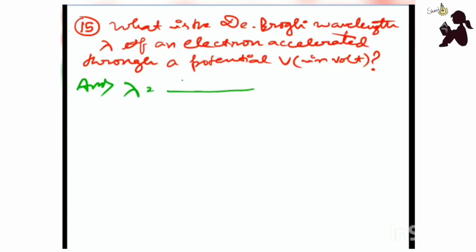No need to go for the derivation or calculation, because we have to do the questions in minimal time. So in nanometer, if we just want to conclude the value of wavelength, that will be our lambda equal to 1.227 by root over of V. Okay, so it is this formula where V is our potential that is given here.